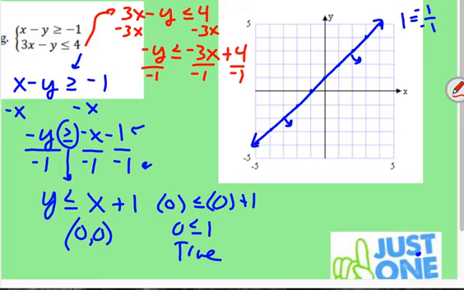It has to be positive 1y. So I get y is less than or equal to, oh wait a minute, I divided by a negative. So I have to flip this and say this is greater than or equal to 3x minus 4. So -4 is my y-intercept, up 3 over 1.